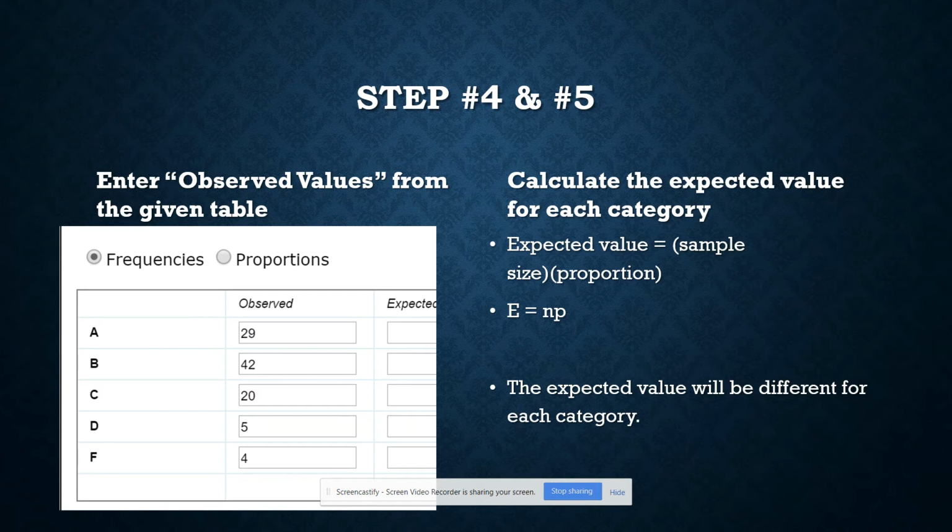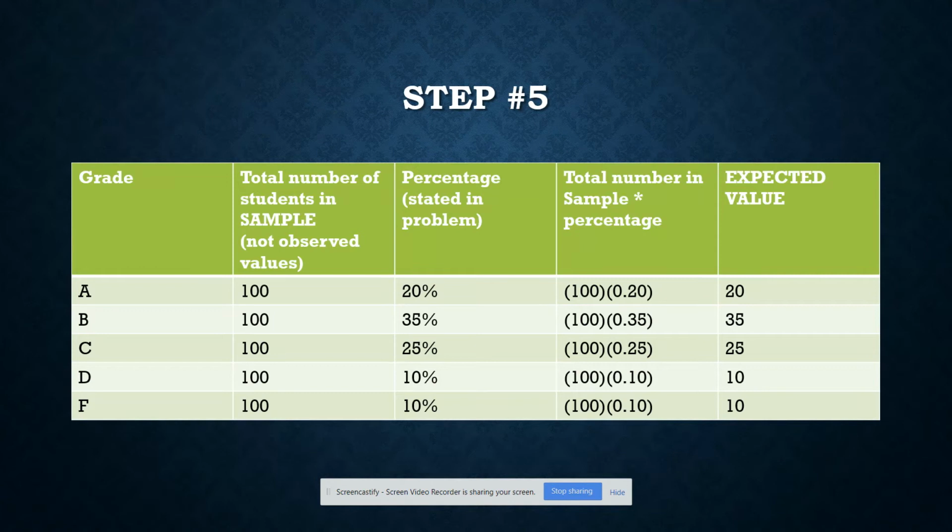Now, to calculate the expected values, remember the expected is n times the proportions. I'm going to show you how to do that step by step. So if I add up all the observed A's, B's, C's, D's, and F's, I get 100.